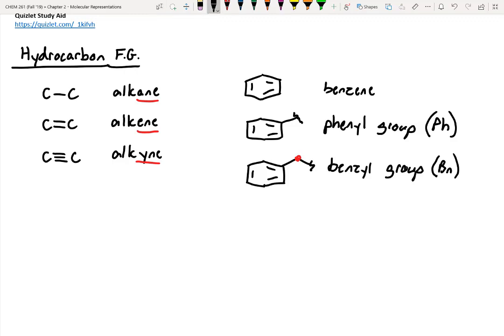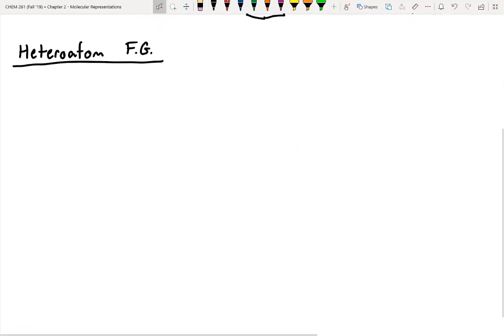All right, next one are heteroatom-based functional groups. What does it mean when I say heteroatom? Non-carbon or hydrogen, right? So it's a non-carbon or hydrogen containing atom. We've got a bunch of those in chemistry, so I'm just going to make a list. First one will be RX, where X is going to be equal to a halogen.